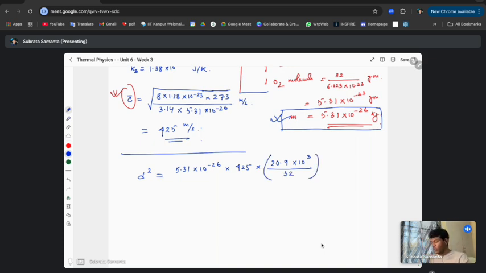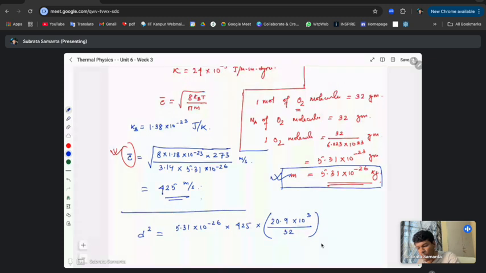So 1 kilomole of O2, now I want to convert kilomole into kg. So 1 mole of O2 is 32 gram. Okay. So 1 kilomole of O2 is 32 kg. Right. So that's why I divided by 32 kg.